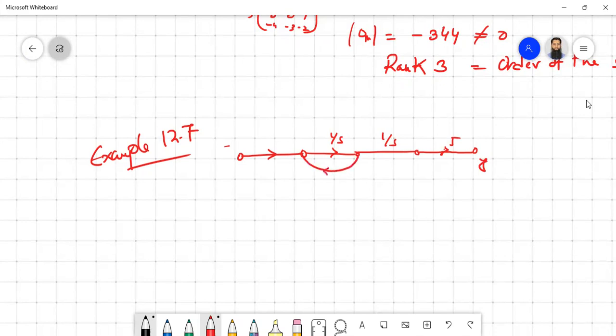This is minus 21 by 4, and this is minus 5. And the output y is 5 x1 and 4 x2.